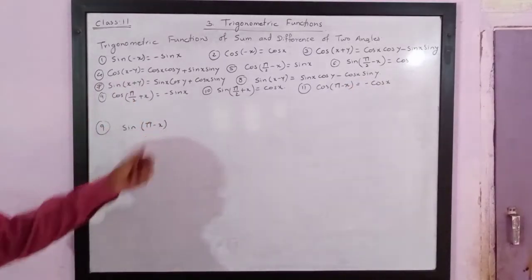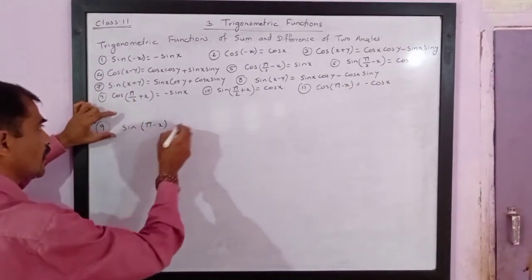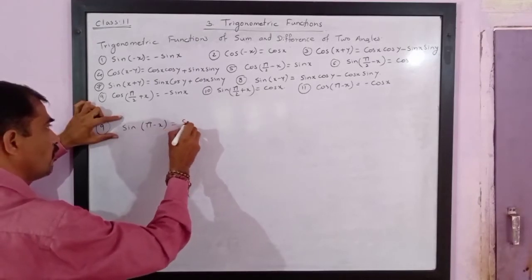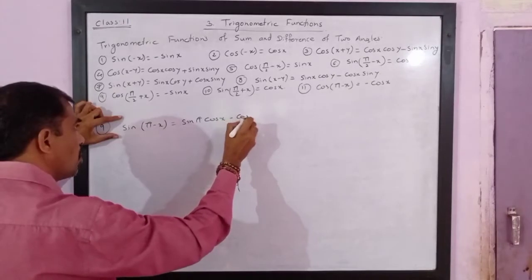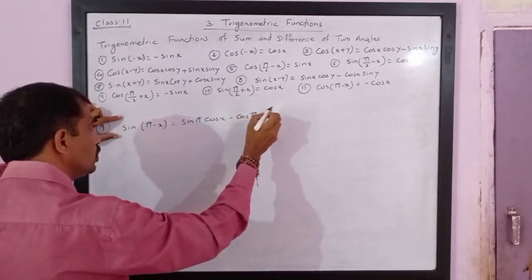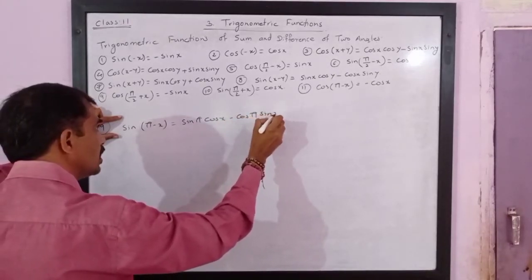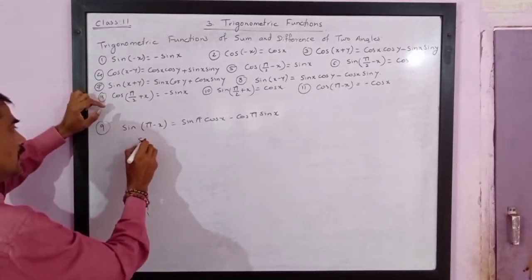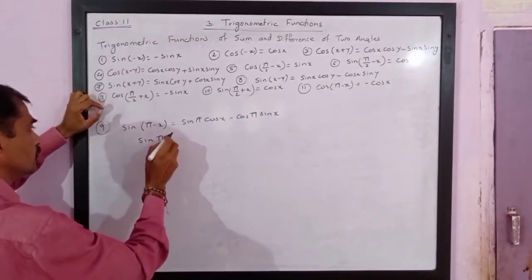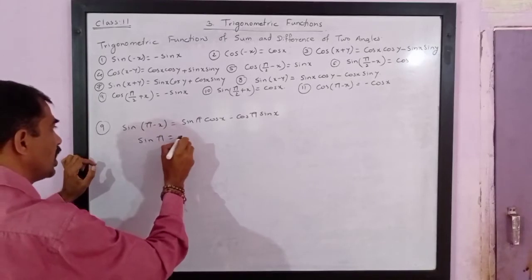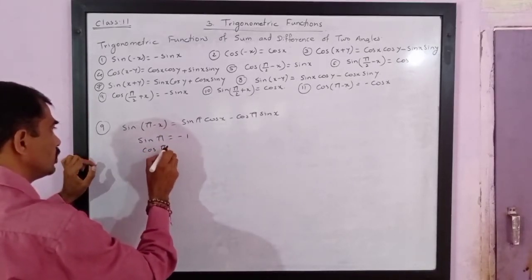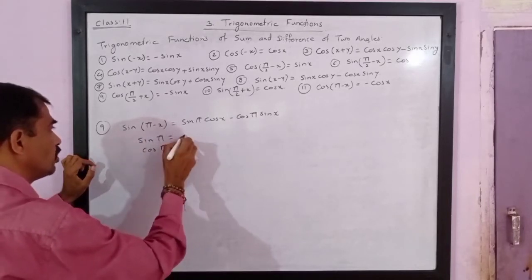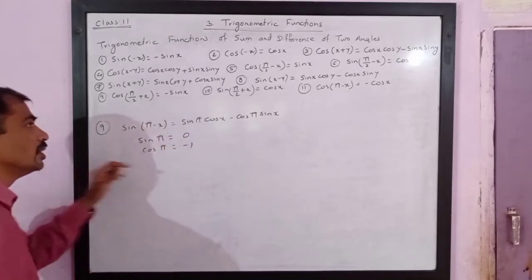So sin pi minus x is equal to sin of first angle, sin pi into cos x minus cos pi into sin x. Now sin pi is equal to 0 and cos pi is equal to negative 1.